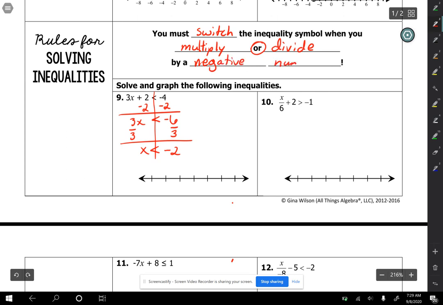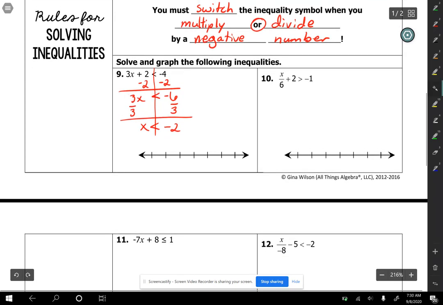The last thing to do on number 9 is to graph it. I normally like to put the -2 in the middle and then work my number line down from there. Here we have an open circle at -2, and our line is going to move to the left.